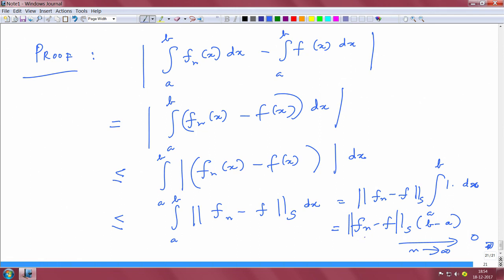This norm basically heads to 0 as n goes to infinity because of uniform convergence, and therefore if you take a function in the sequence, integrate it, and look at the limit, that is the same as the integral over the limiting function, and this is a very important result, and this holds for uniform convergence.